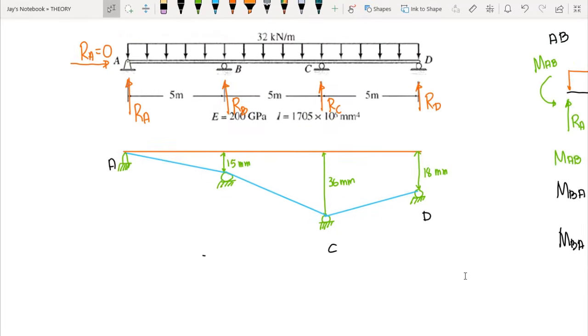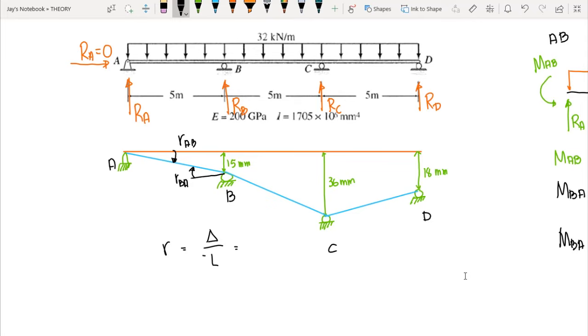As we know, A and B would have a chord rotation because we have a support settlement at point B, and the deflection is a 15 millimeter vertical settlement. As you can see, our beam rotates in a clockwise direction with respect to A, and of course clockwise with respect to B. So this is our RAB, and this is our RBA. To compute for R, we just need to determine the change in support settlement over the length of that member.